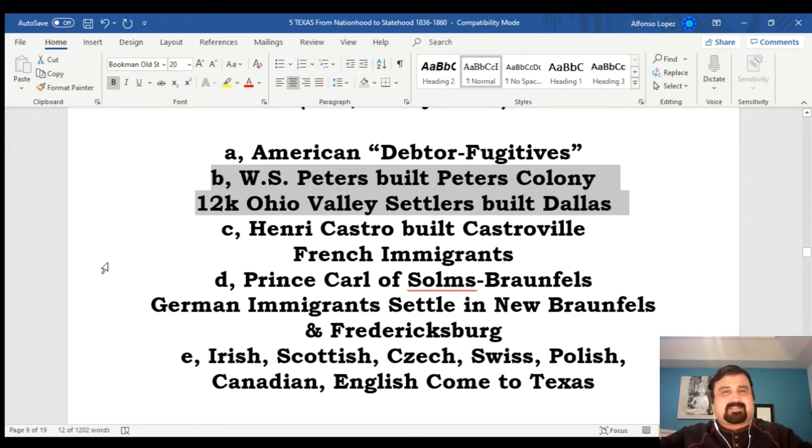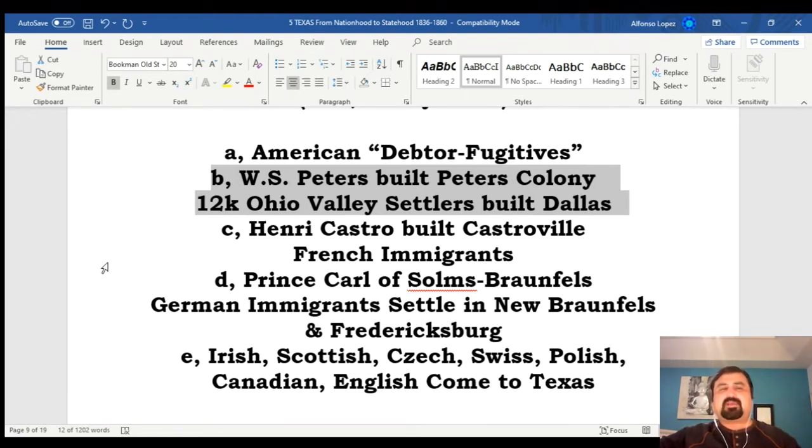Also, of course, there are the empresario contracts that we talked about. Sam Houston is also resorting to the empresario contracts that the country of Mexico had initiated, awarding land grants to an empresario, again, a colonizing agent, for the purpose of bringing people into Texas.